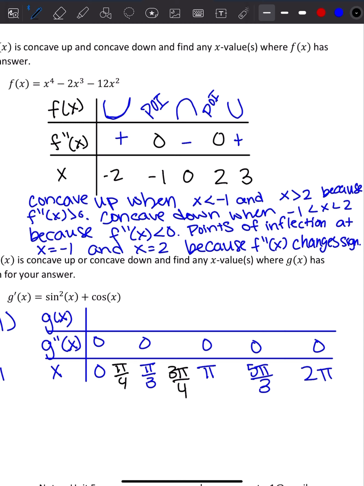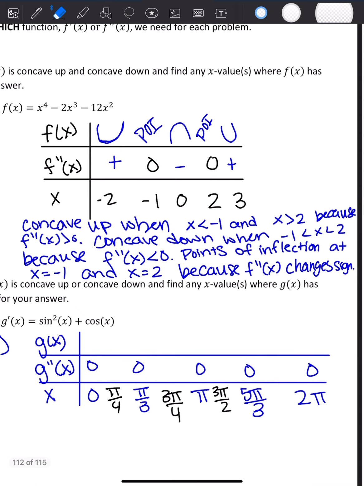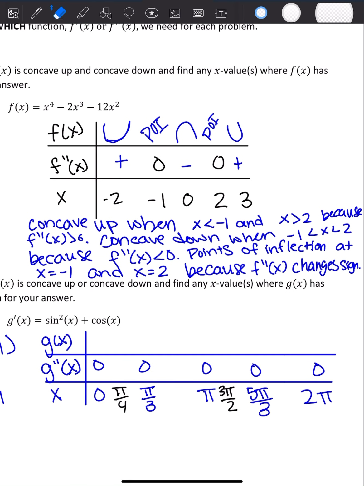Between pi and 5 pi over 3, I'm going to pick 3 pi over 2. I track back. I don't want to pick 3 pi over 4. I'm going to pick pi over 2. And in between 5 pi over 3 and 2 pi, I'm going to do the same thing that I did on the other side and pick 7 pi over 4.